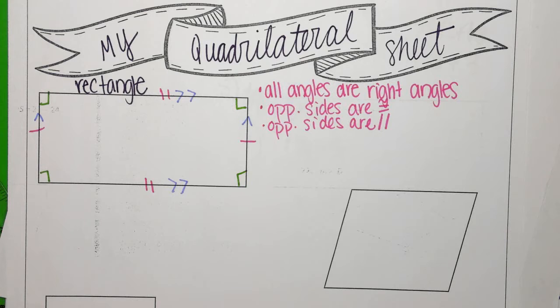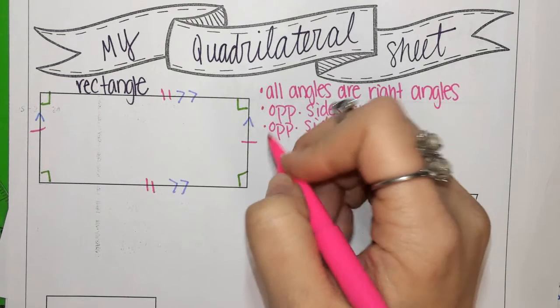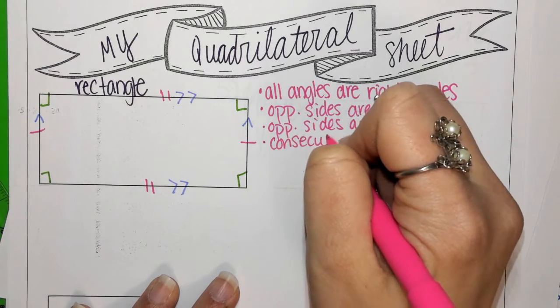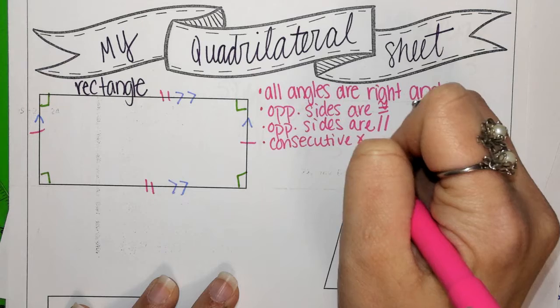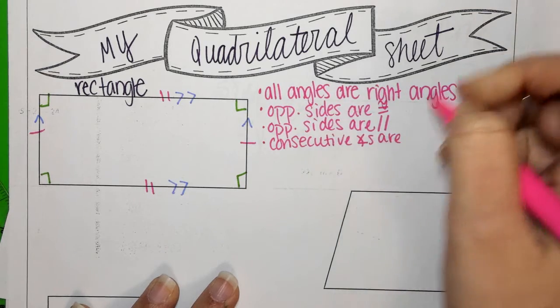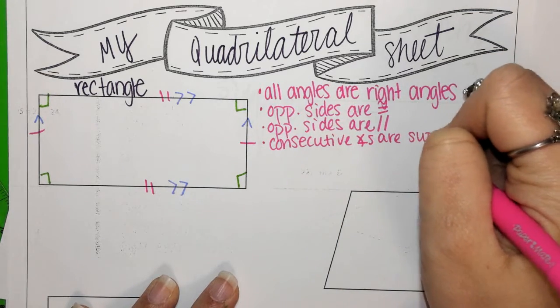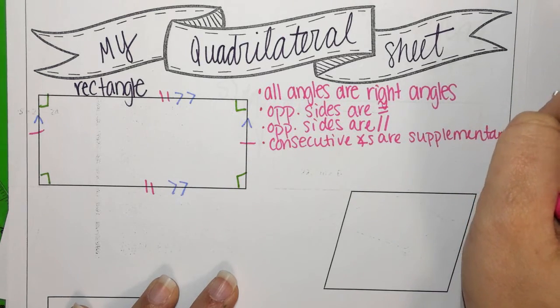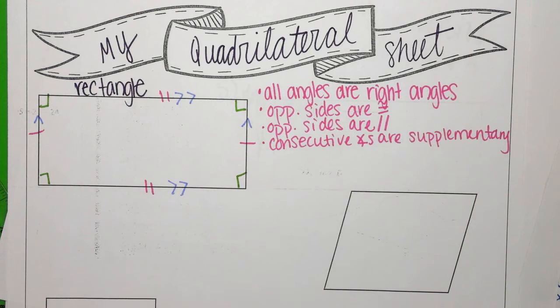All right, next table. What else do we know? Consecutive angles are supplementary. Good. Yes.